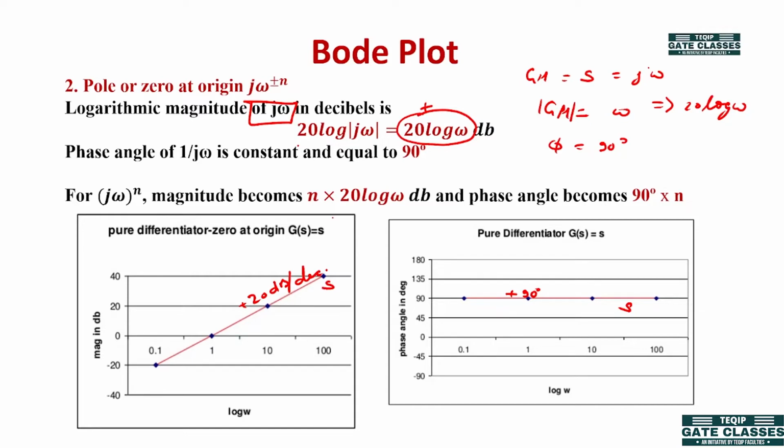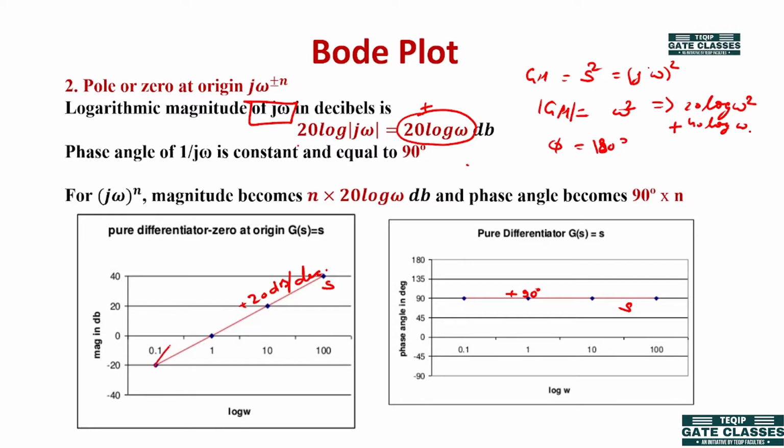Now if we have two zeros at origin, this will become S square. So this becomes 40 log ω. That means we have a positive slope of 40 dB per decade, and our angle would become plus 180 degrees.